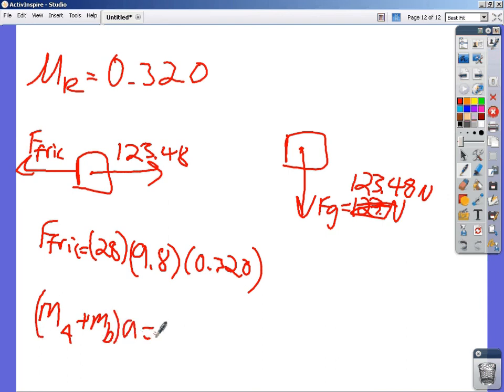So that was 81. Let's see, 39, 38. So 39, I'm not going to work out. 39 is very similar to this problem. Basically, it's telling you the force it requires to get the block moving, right?